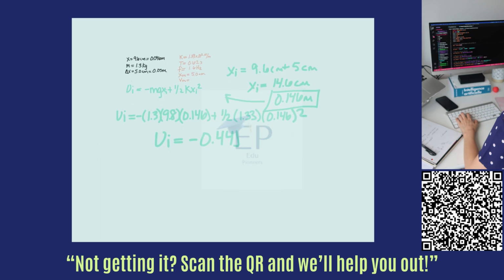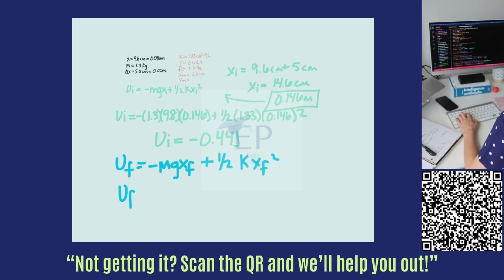And we're going to do the same thing with the potential energy left once the block hits our point of equilibrium. So again, we're going to do negative mg x_f, this time our point of equilibrium, plus 1 half k x_f squared.